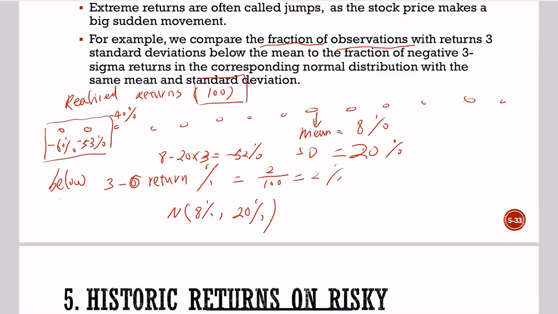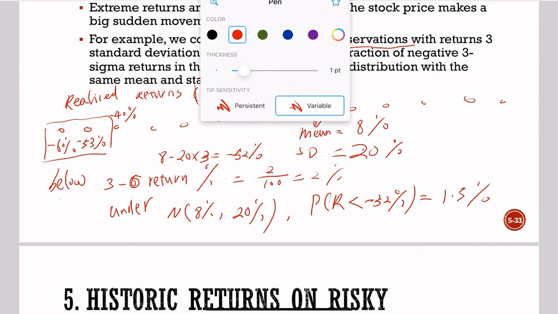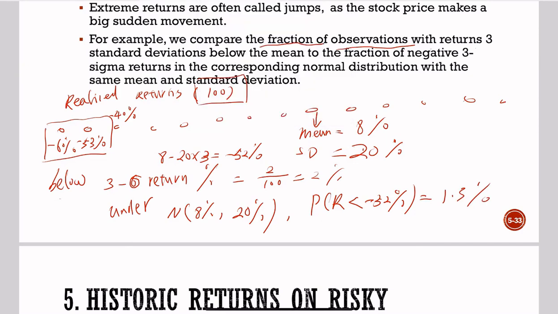And then you know that this is a normal distribution. So given the mean and the standard deviation, you can find out any probability, right? So you can find out under this probability distribution, the probability of a return which is smaller than minus 52%, let's say it's given by 1.3%, right? And then in this case, you can get a measure of how risky your returns are, right?